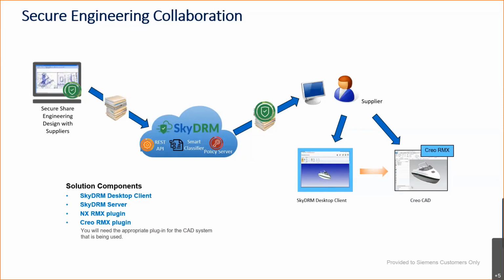When the supplier opens it, there could be a couple of choices. If they don't have the actual Creo tool, they might just use our SkyDRM desktop viewer to view the content delivered to them. Or if they have the Creo piece, it would open in the native tool, protected there. So we have solution components, as shown on the bottom left, that you can introduce into your environment as needed to cover your wide base of users who might be looking at this information.